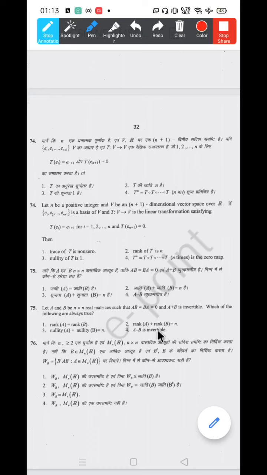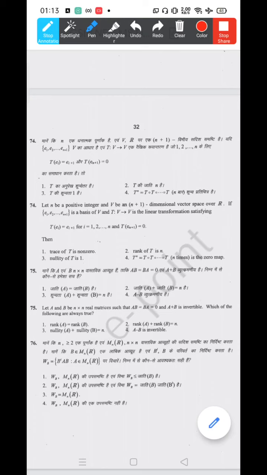Yes. What about rank A plus rank B equal to n? Nullity of A plus nullity of B equal to n.